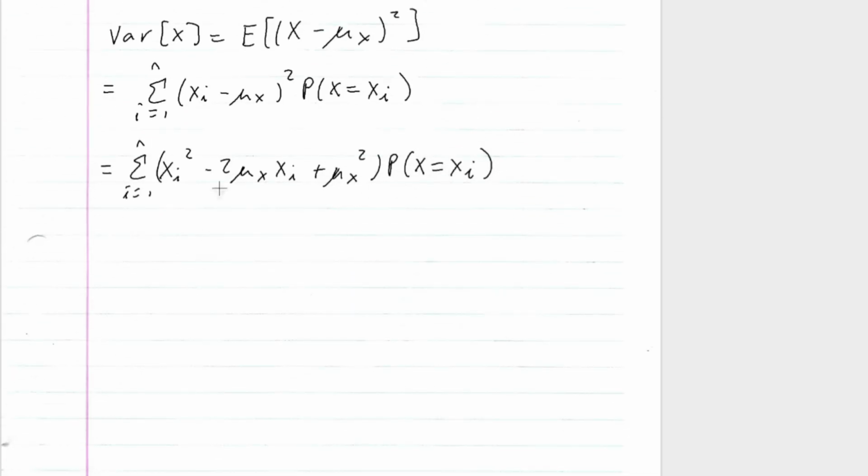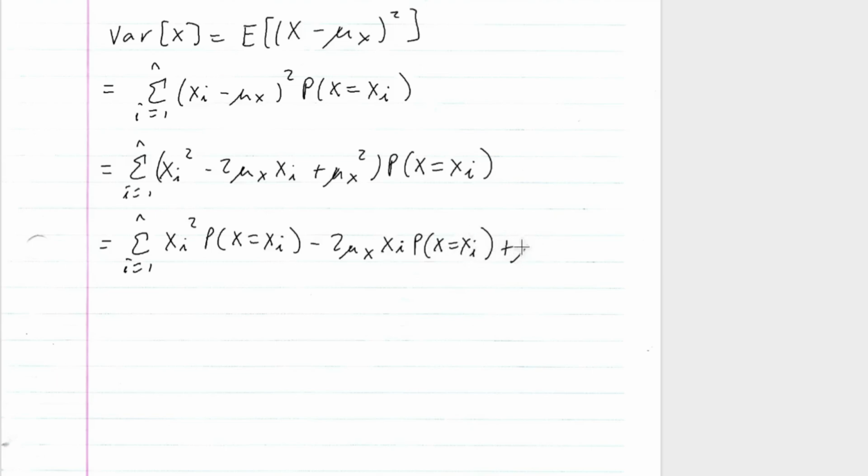And now this is equal to the sum from 1 to n of X_i squared times the probability that X is equal to X_i, I'm distributing, minus 2 mu of X times X_i times the probability X is equal to X_i, and then plus mu of X squared times the probability that X is equal to X_i.